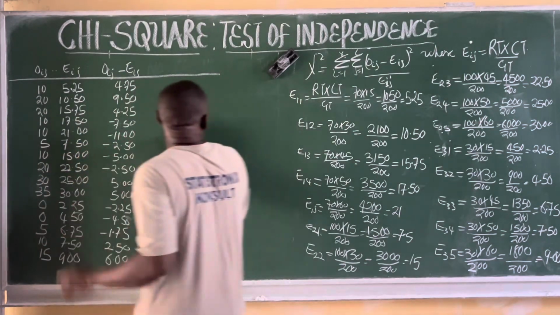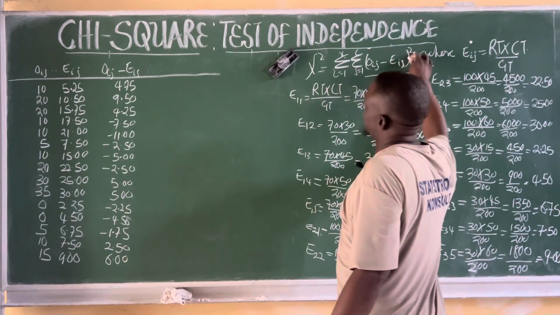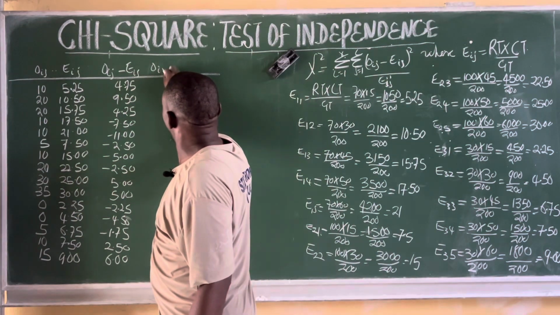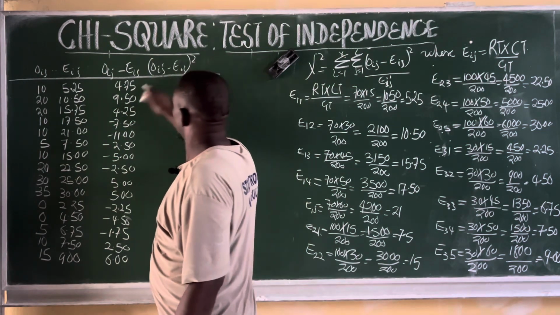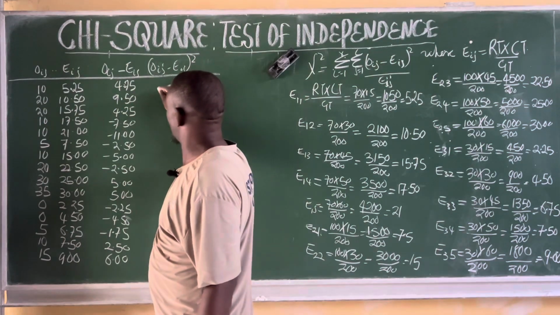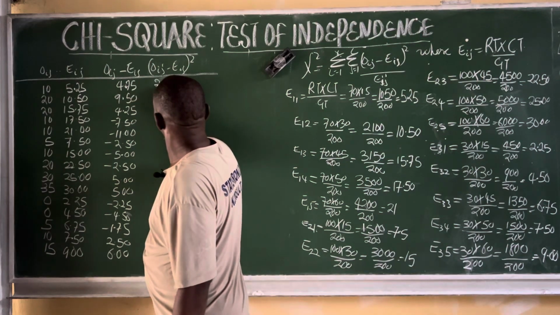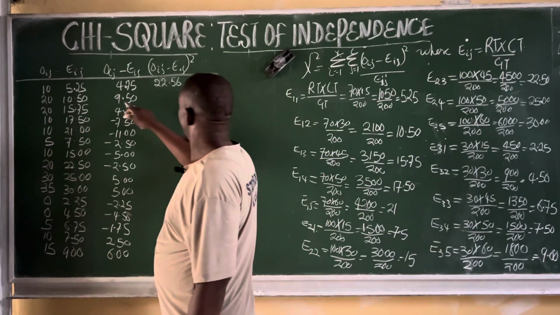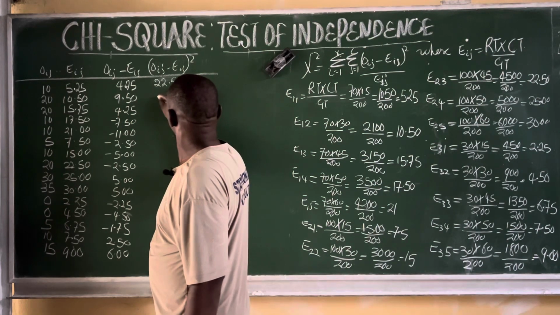So the next thing from the formula is observed minus expected square. So to square this value, we have O sub ij minus E sub ij square. Which will be the square of these values? So 4.75 square will give us 90.25. Okay, so we have 9.50 square.